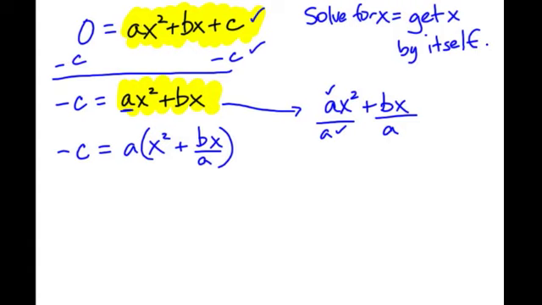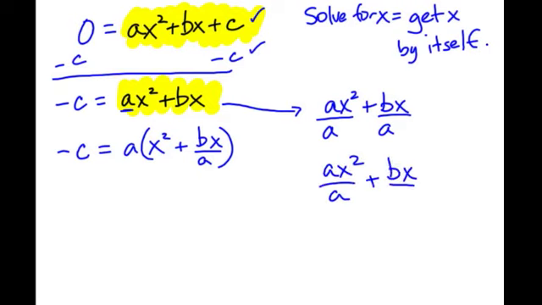Because if I have ax squared plus bx and I divide both of those by a, I now have ax squared over a plus bx over a. And yeah, I know I wrote the same exact thing, but these can cancel. And I'm left with x squared plus bx over a. And remember, when I divide it out, it's technically on the outside of the parentheses.